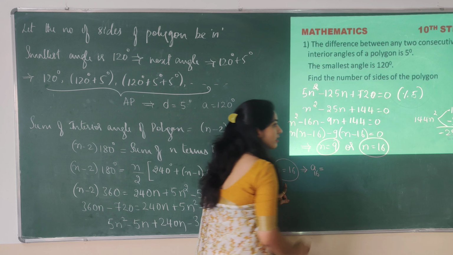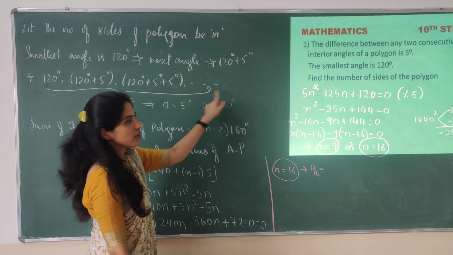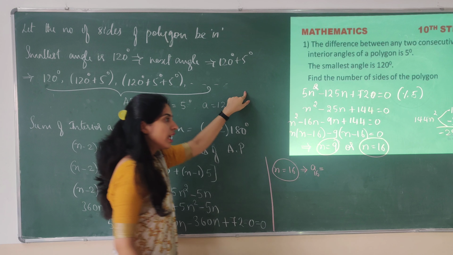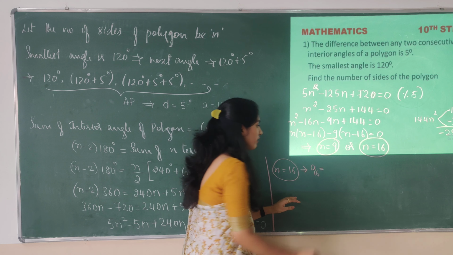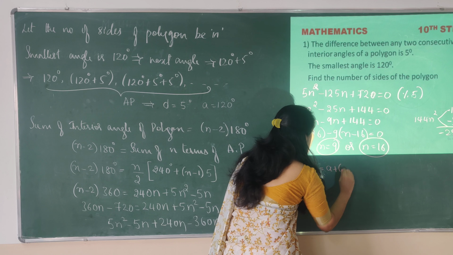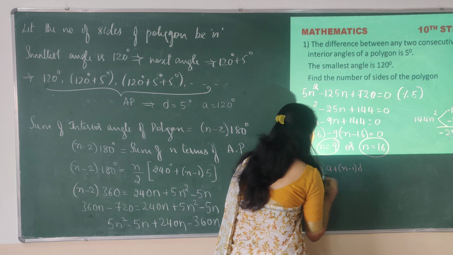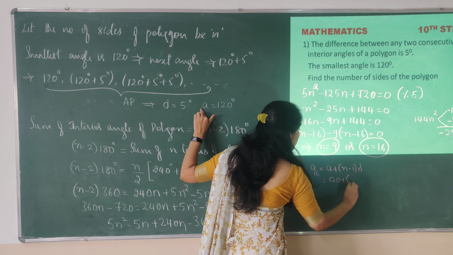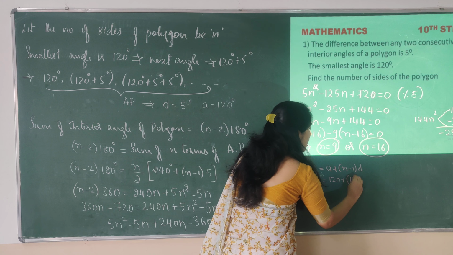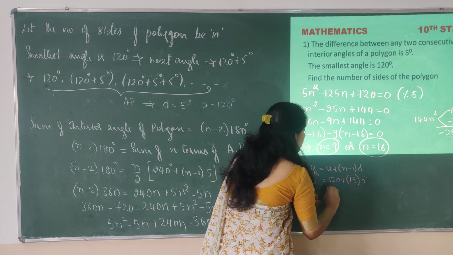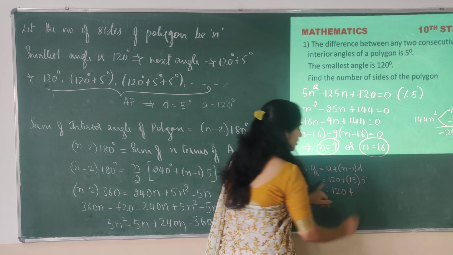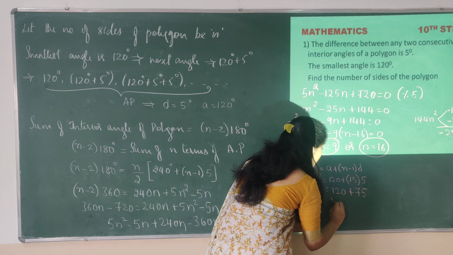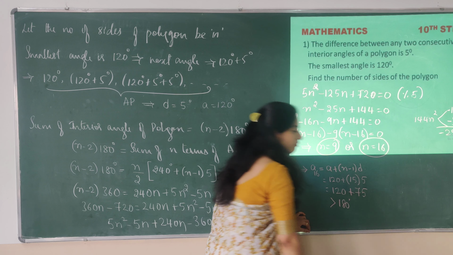How do we find the 16th term of this AP? It is a plus n minus 1 into d, which is 120 plus 15 into 5. 15 times 5 is 75, so the angle will exceed 180 degree.